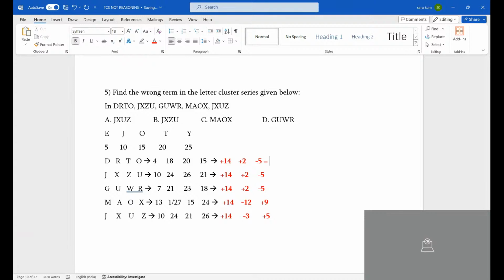What is 14 plus 2 minus 5? It is 11. You would think there is a problem here, but there is no problem. The reason is, 14 plus 2 is 16, minus 5 is 11. If you add this again, 14 minus 12 is 2, plus 9 is 11.